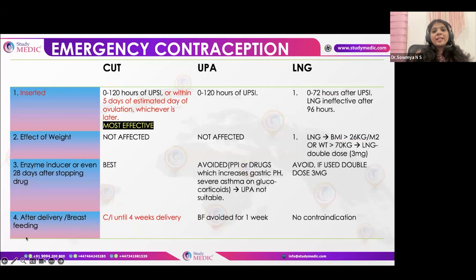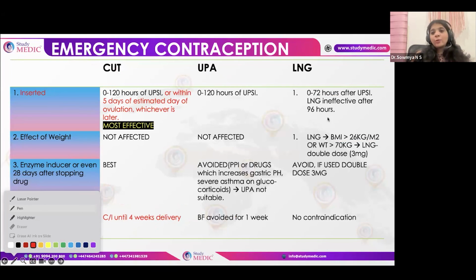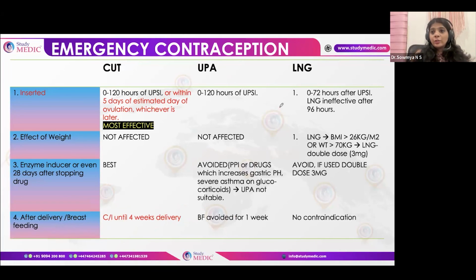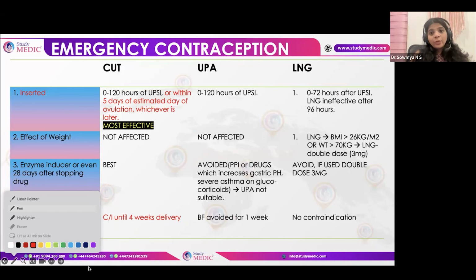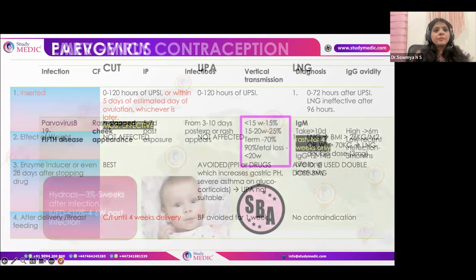And if somebody has got UPA, there are a lot of enzyme reactions which you need to remember. I mean, the drug reactions. If somebody is on antacids, you can't give UPA. If you have given LNG in the same cycle, you can't give UPA. Anyways, for part 1, if you know this, it's more than enough. So just understand the principles when to give and when not to give.